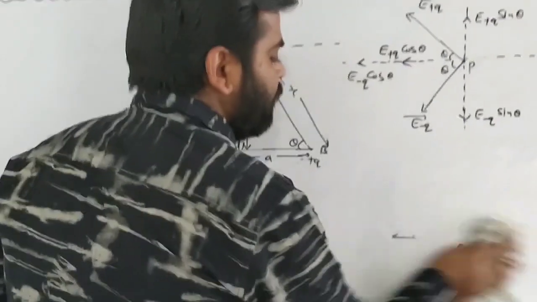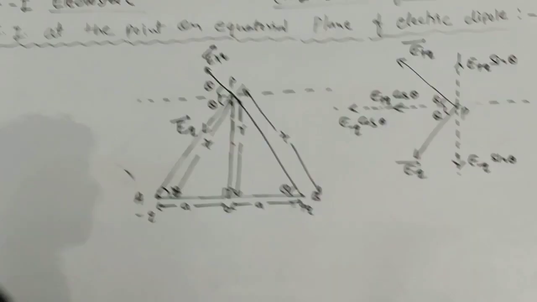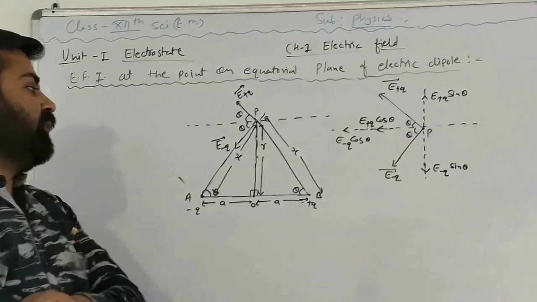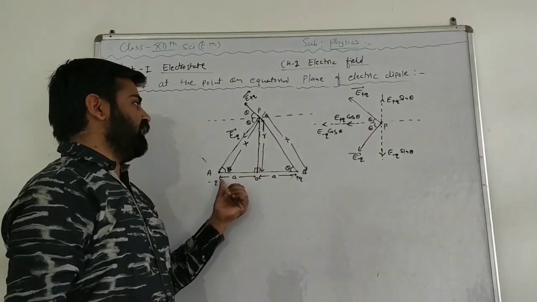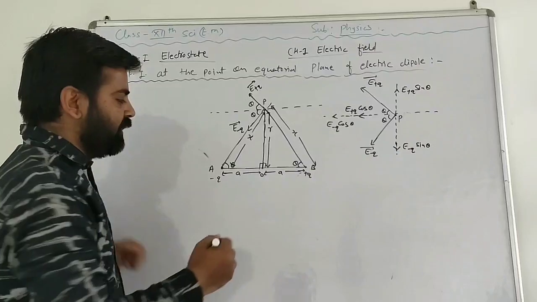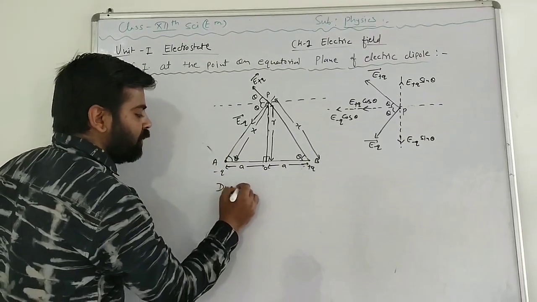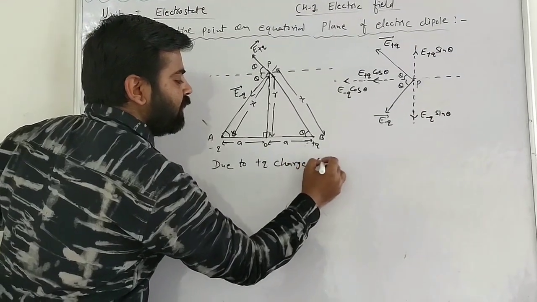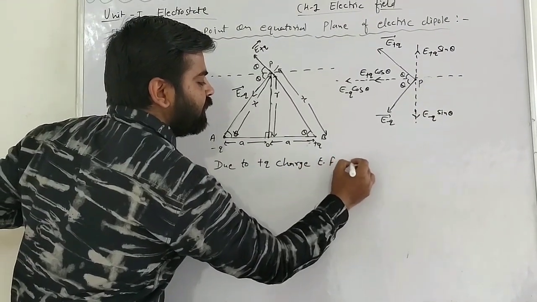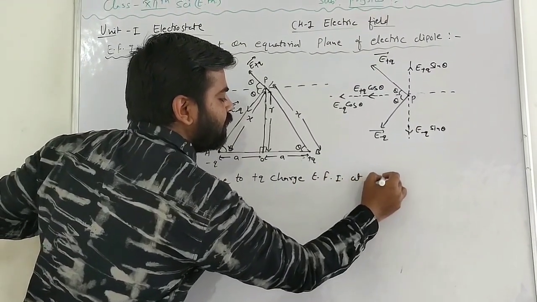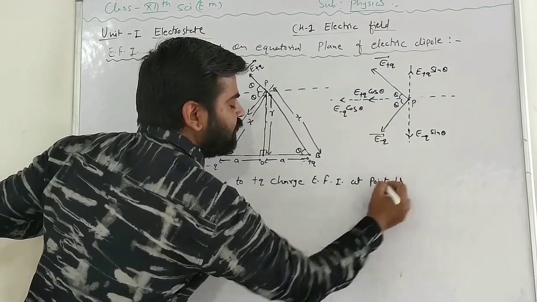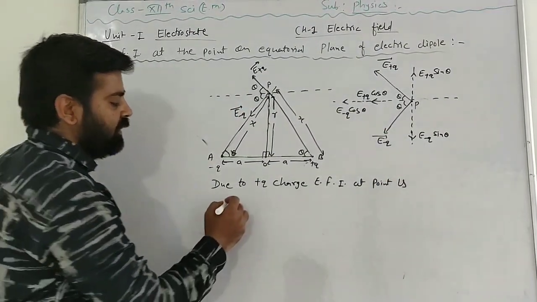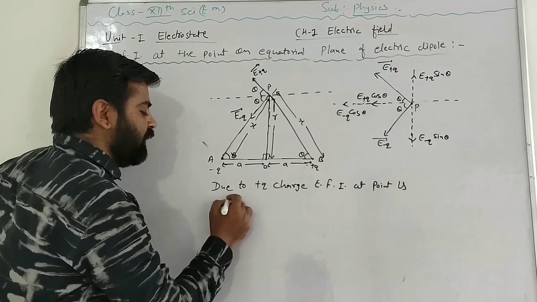Now we find the magnitude of the electric field intensity at point P due to plus Q charge and minus Q charge. Due to plus Q charge, the electric field intensity at point P is given as E plus Q vector.